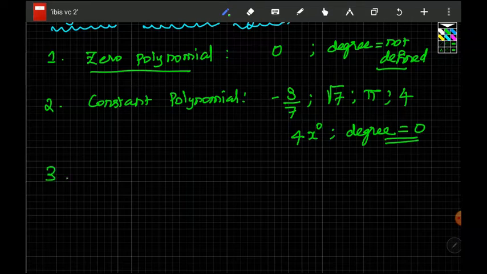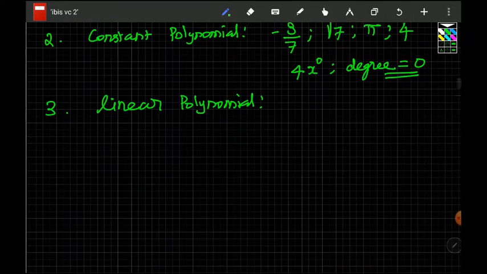In our list, third comes the linear polynomial. What is a linear polynomial? The highest degree of the variable is 1. Suppose we write 11x minus 12. It contains two terms: 12 is a constant, and the coefficient of x is 11. The highest power of the variable here is 1.